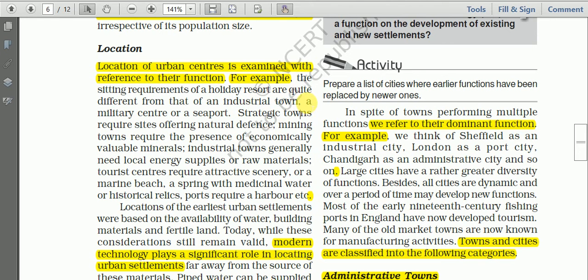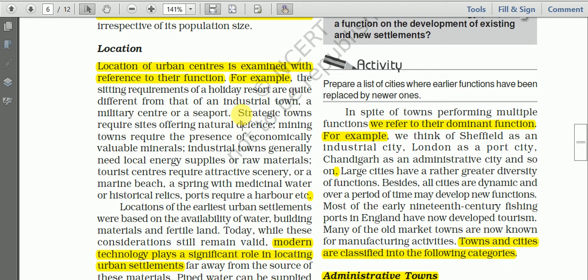And likewise, for the military center or a seaport also, location is dependent on the function. For the seaport we cannot locate anywhere because it has to be located only at the sea coast.